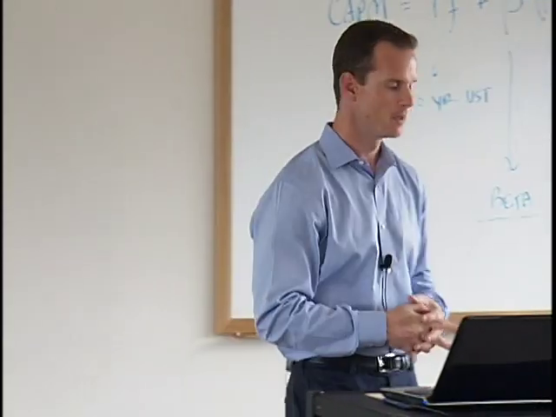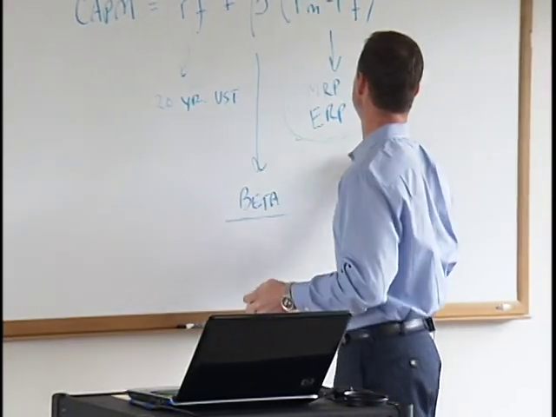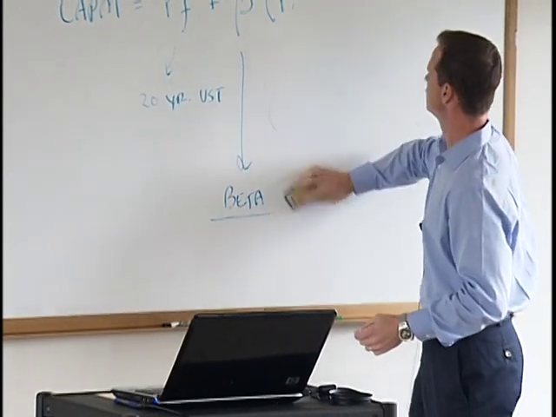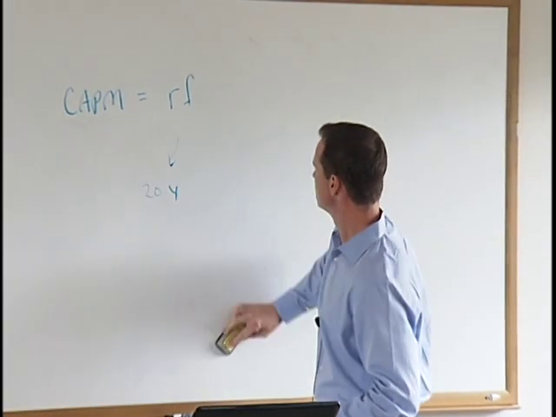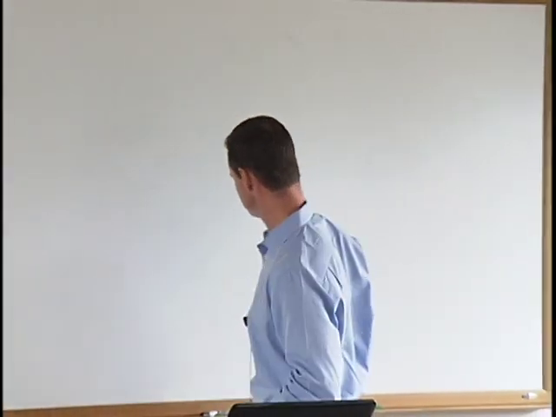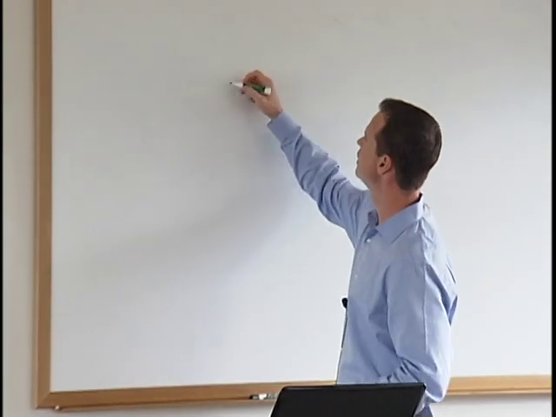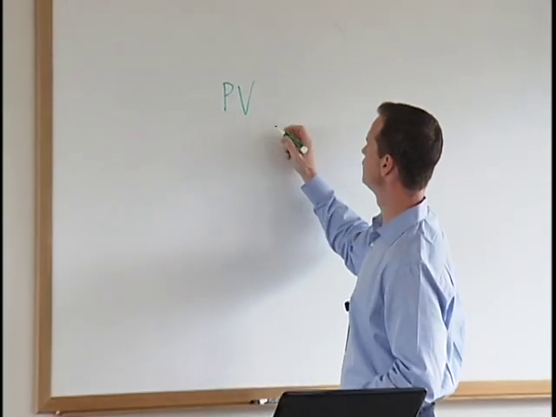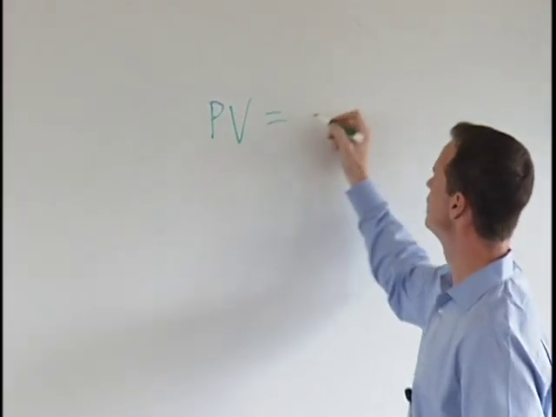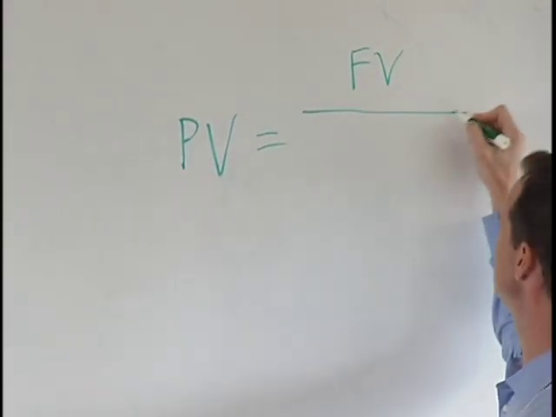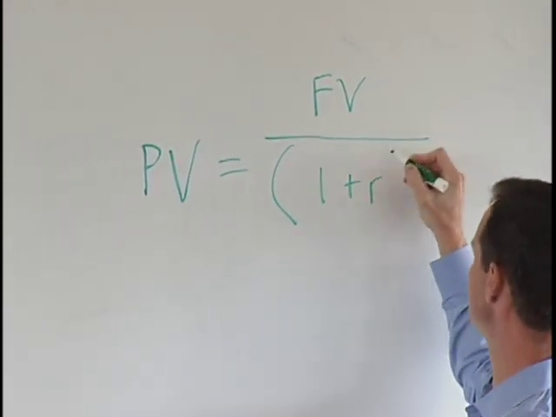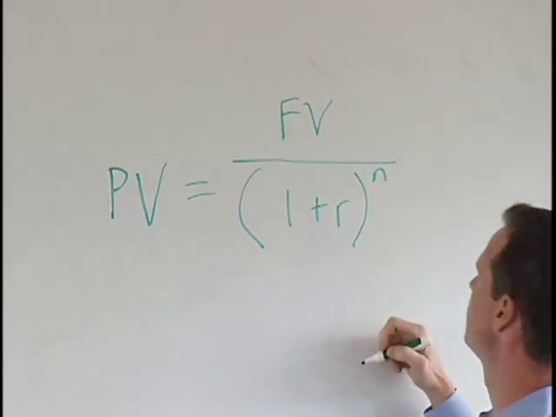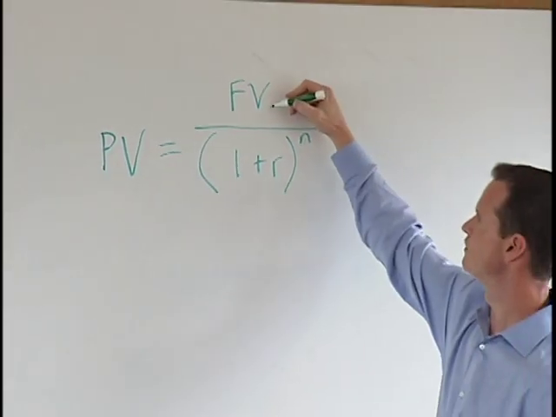All right. Let me put the time value of money formula up here just so we've got that as an example. Remember what I said earlier, if we were solving for present value, we take future value, we divide by 1 plus the discount rate raised to the nth power, the future value in time n.